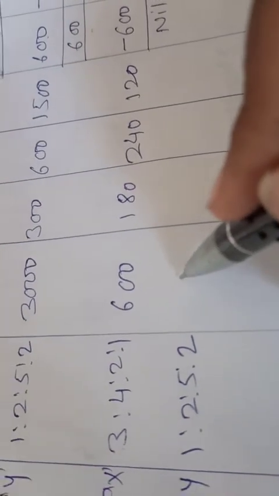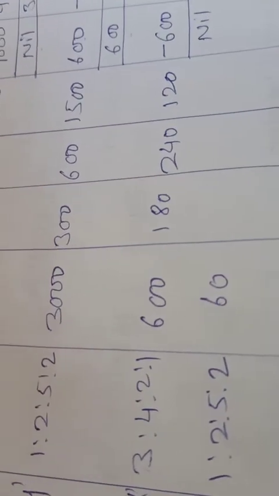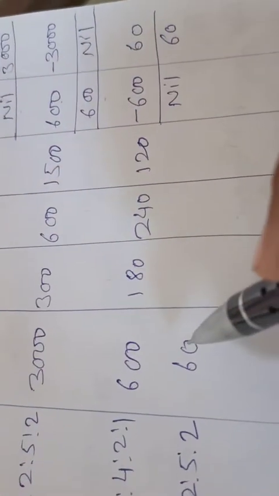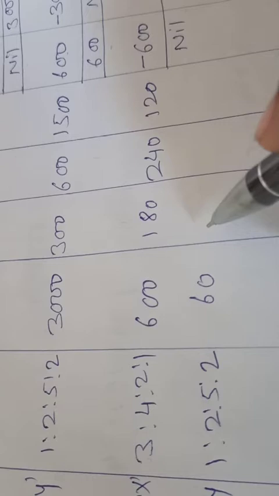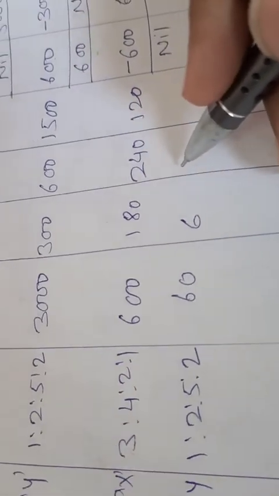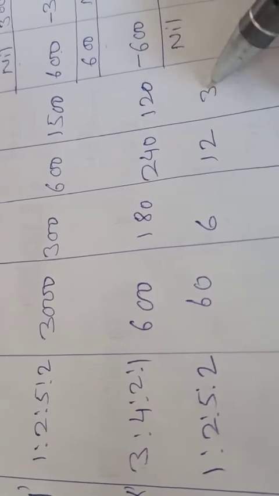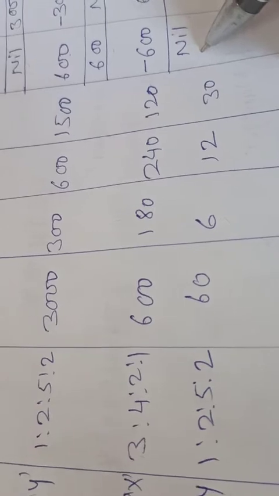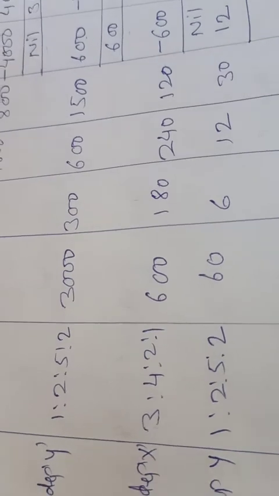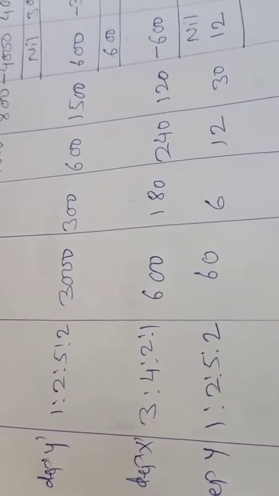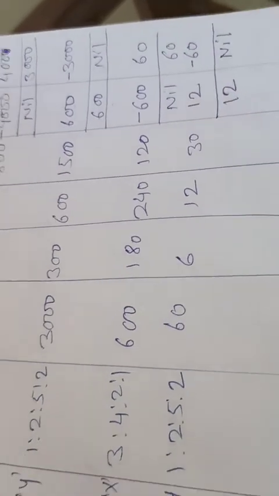Now the total amount is 60. 60 divided by 10 is 6. 6 into 1 is 6, 6 into 2 is 12, 6 into 5 is 30, 6 into 2 is 12, and here minus 60. Now this department becomes nil and X has a balance of 12.